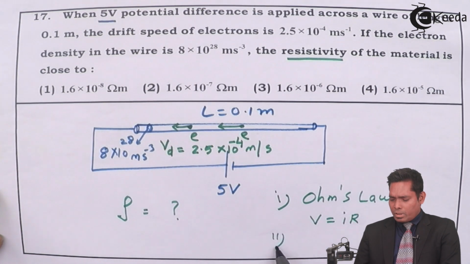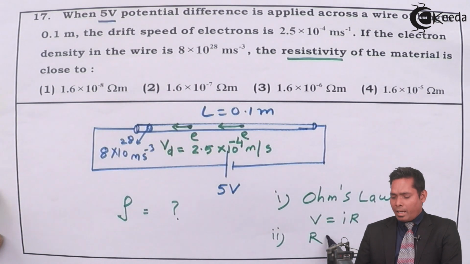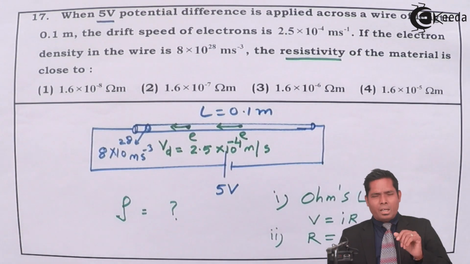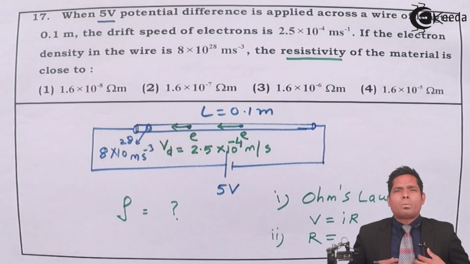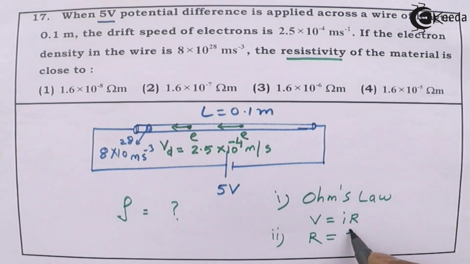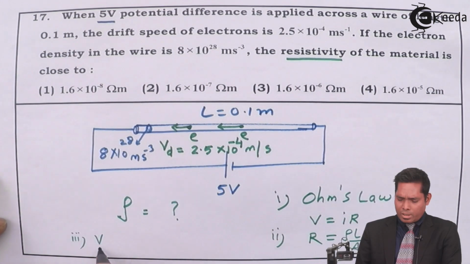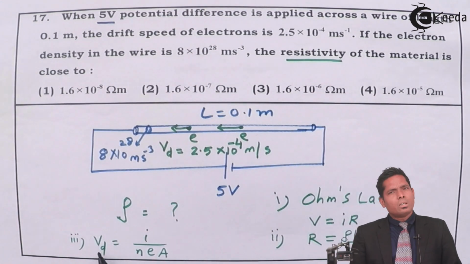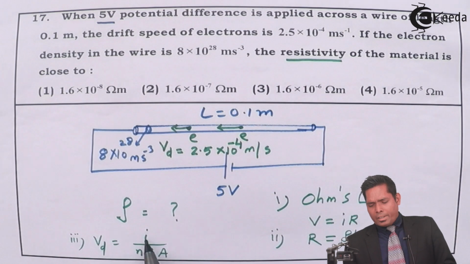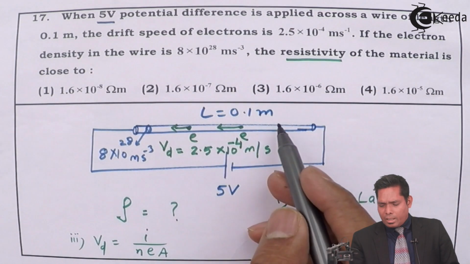So another equation that we'll use is the resistance equation for a conductor of length L and area of cross section A, R equals rho L divided by A. And we have another equation for drift velocity, that is Vd equals I divided by NeA, where Vd is drift velocity, I is the current flowing through this conductor.